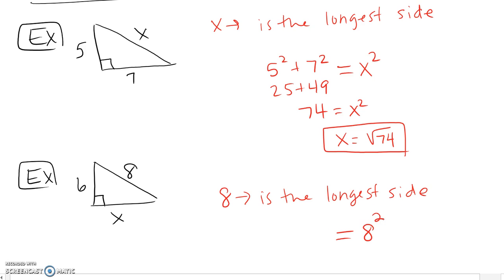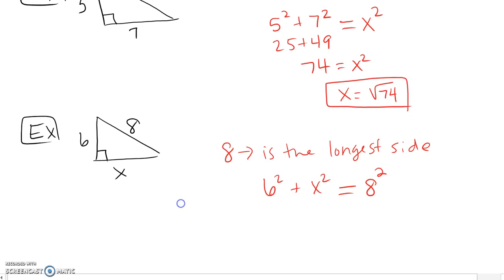The other two can go in either order. So 6 squared plus x squared. I simplify my squares. 6 squared is 36. 8 squared is 64. I need to get x squared by itself, so I'm going to subtract the 36. When I subtract the 36, I get 28.